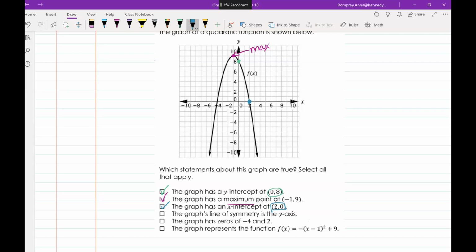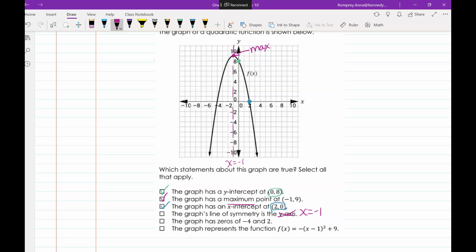So the graph's line of symmetry is the y-axis. Well, where does our line of symmetry or our axis of symmetry, it can be called either, cut through? The axis of symmetry cuts through the vertex. So my axis of symmetry is not the y-axis. It's actually x equals negative 1.